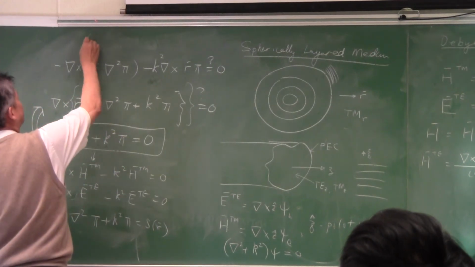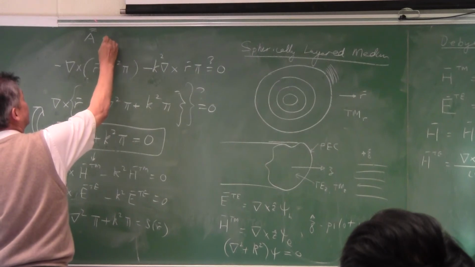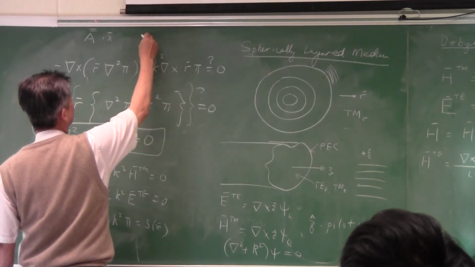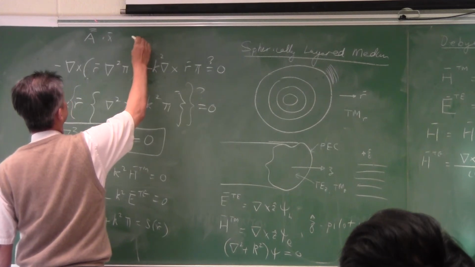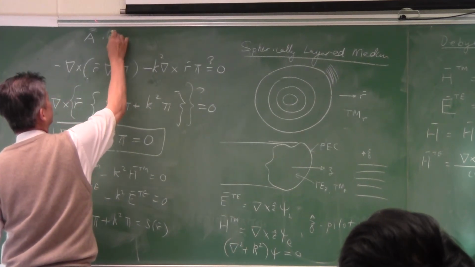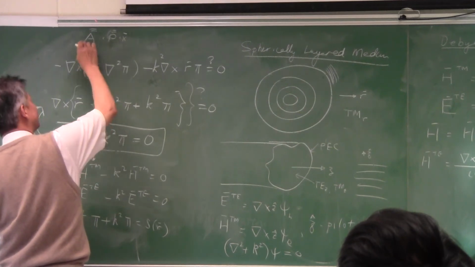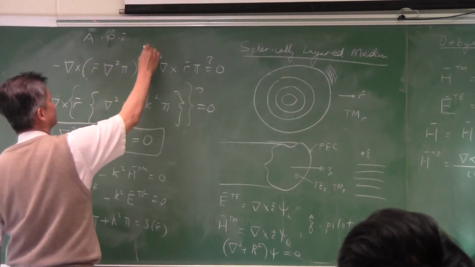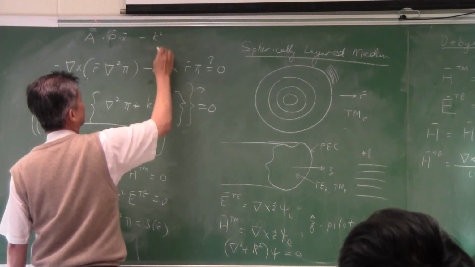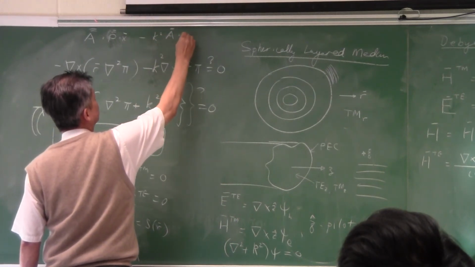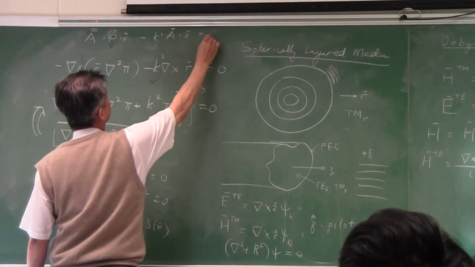Say I have a matrix A times a vector x, and here I have another term. Say a matrix A times a matrix B times a vector X, and over here I have k squared. Think of these as operators. A times X is equal to 0.